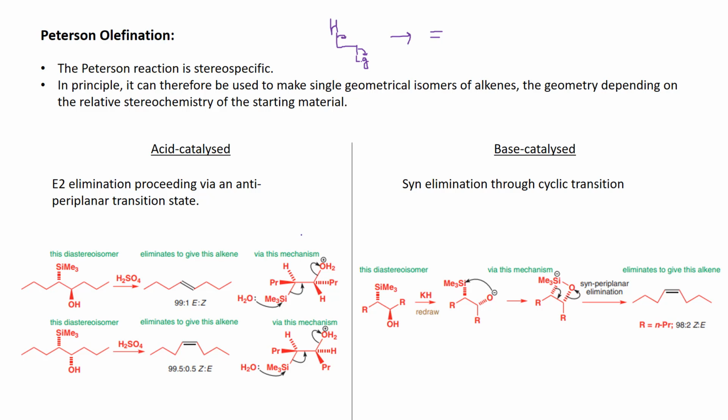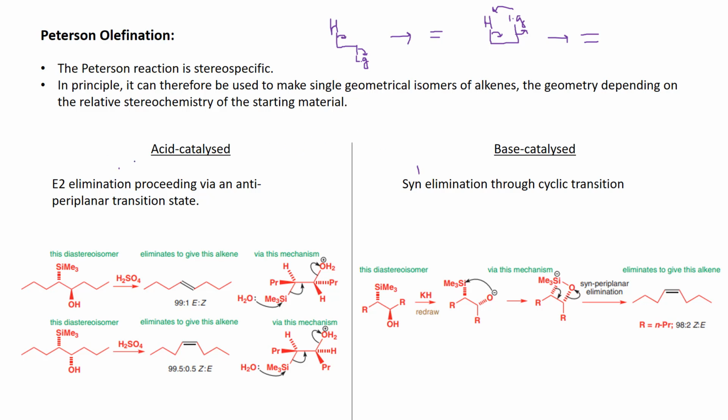And if you have a hydrogen atom here and a leaving group here, and the reaction is performed this way, this is called syn elimination. So the Peterson olefination can be performed in both ways, depending on the catalyst you are using. If the reaction is acid catalyzed, it will be anti-elimination. If it is base catalyzed, it will be syn elimination.